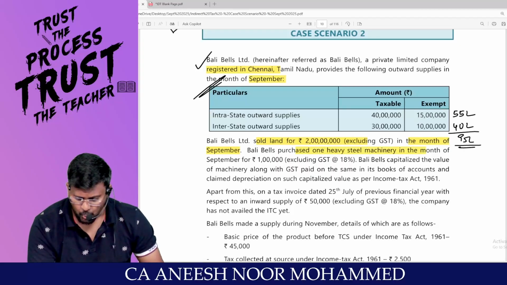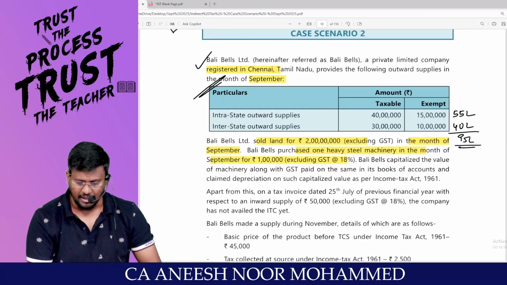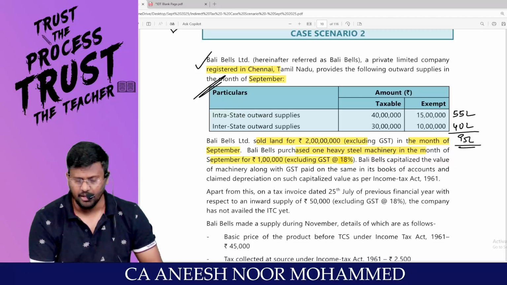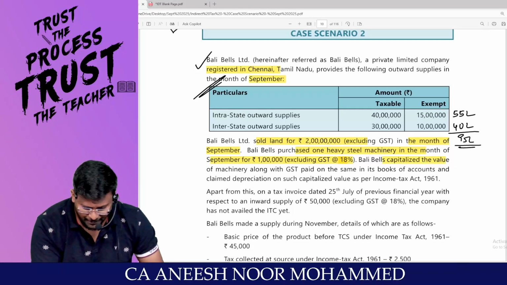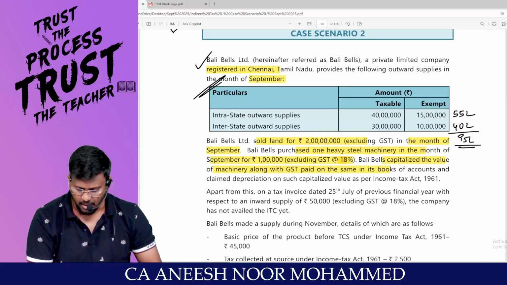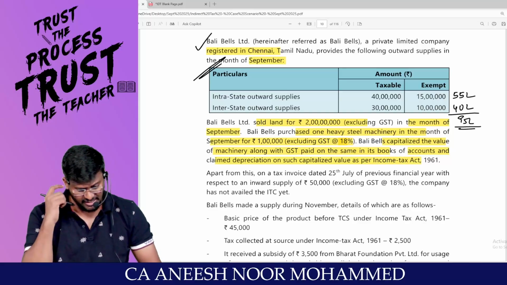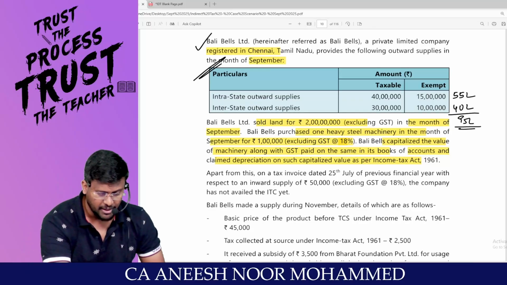Bali Bell purchased one heavy steel machinery in the month of September for how much? 1 lakh, excluding GST at 18%. Bali Bells capitalized the value of the machine along with the GST paid on the same in its books of accounts and claimed depreciation on the capitalized value as per the Income Tax Act.